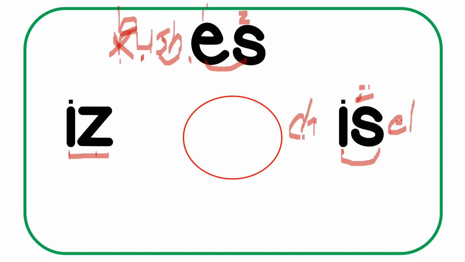So too for I and S. And E and S, we're going to find that at the ending of words. So always remember that E and S would be at the ending of words. We'll hear it say "iz". Let's now take a look at some words with these examples.